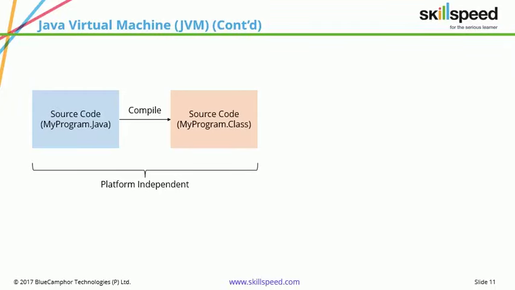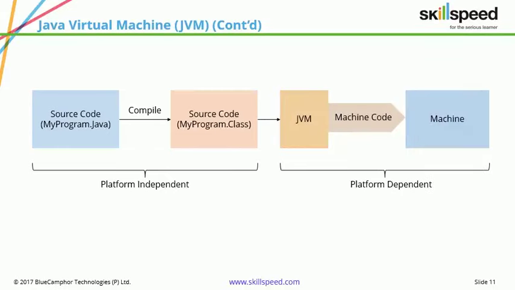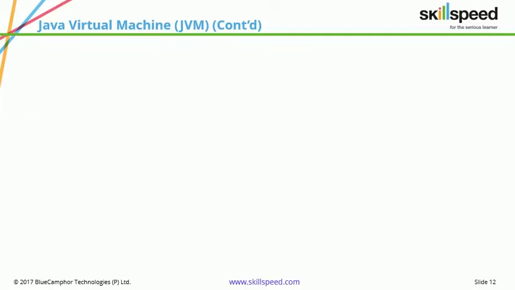So that part is the platform independent part. From the part where the Java Virtual Machine turns the low level program, or the class file of Java, into machine dependent instructions, that part is platform dependent, which means it depends on the operating system.